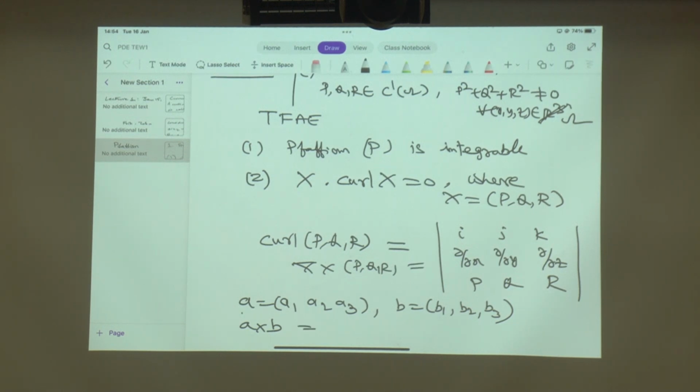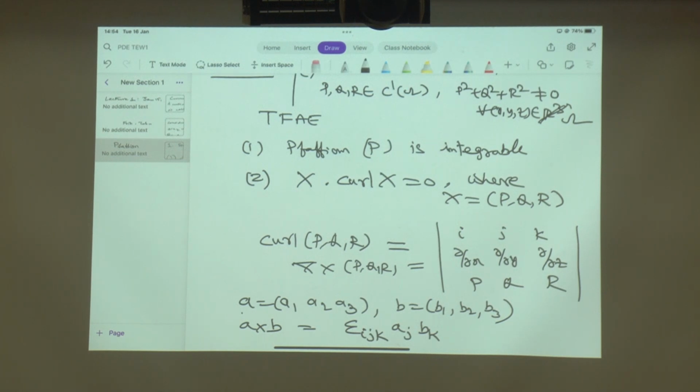This is nothing but epsilon ijk A j B k. We know what is A j, what is B k. We don't know what is epsilon ijk. Basically here i is fixed, j and k are running, right? Repeated index j and k.